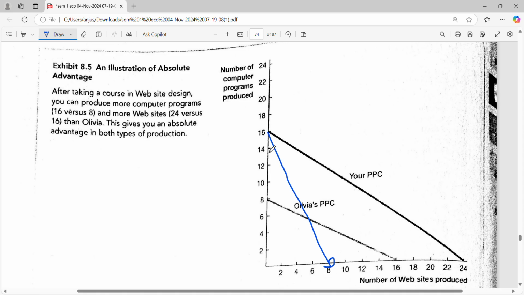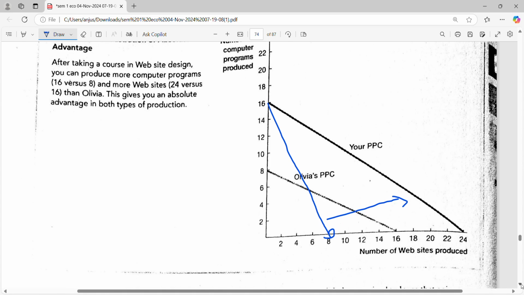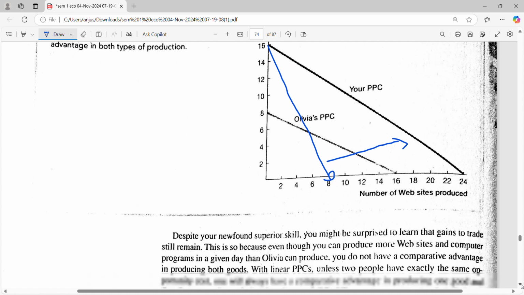You could produce 16 programs and 8 websites, but after taking this course, your PPC has pivoted. Now you can create 24 websites with 8 hours, which is much bigger than Olivia's. So this gives you an absolute advantage in both types of production.